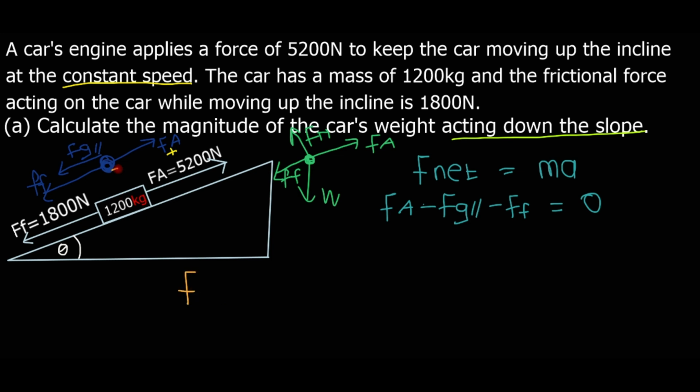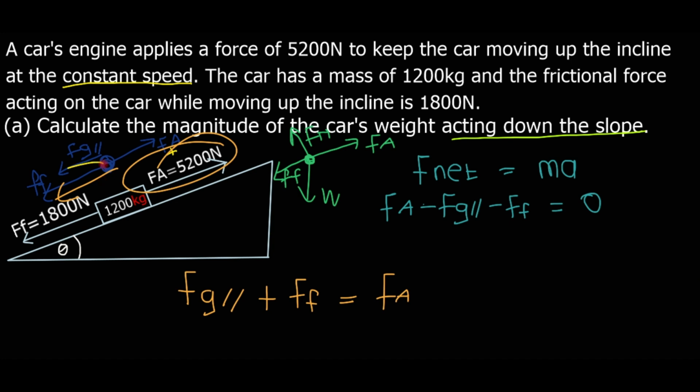The force tše le gore di acta in this direction ke Fg parallel, and then le friction, and then ra re di lekana le force applied, because really these forces and these forces they are balanced, because Fnet is 0.